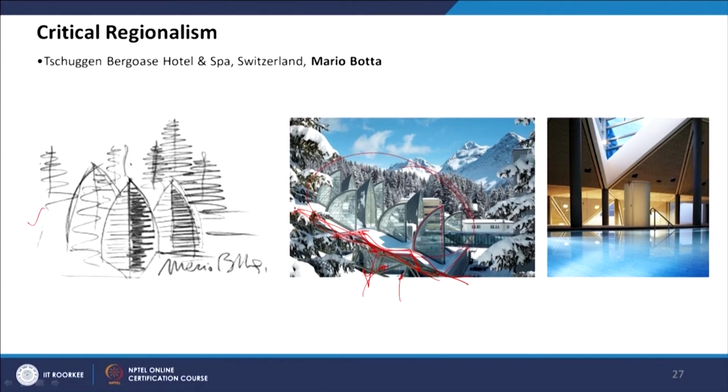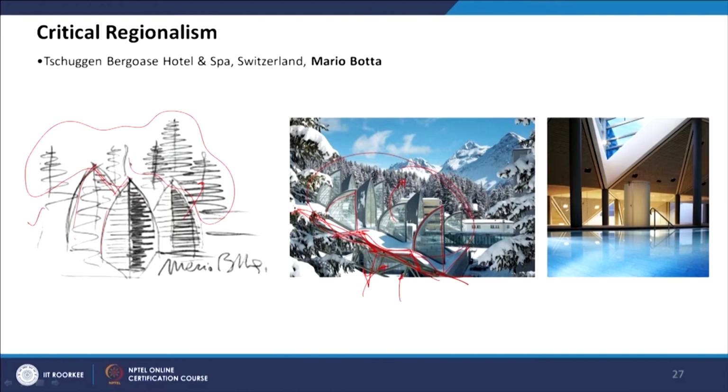And if you look carefully, the skylight blends with the coniferous trees around the buildings, and even the color of the skylight is gray, which is the color of the coniferous trees at high altitude. The position of these skylights is also quite different in this concept. These are the visual inspiration for his design of the skylights.